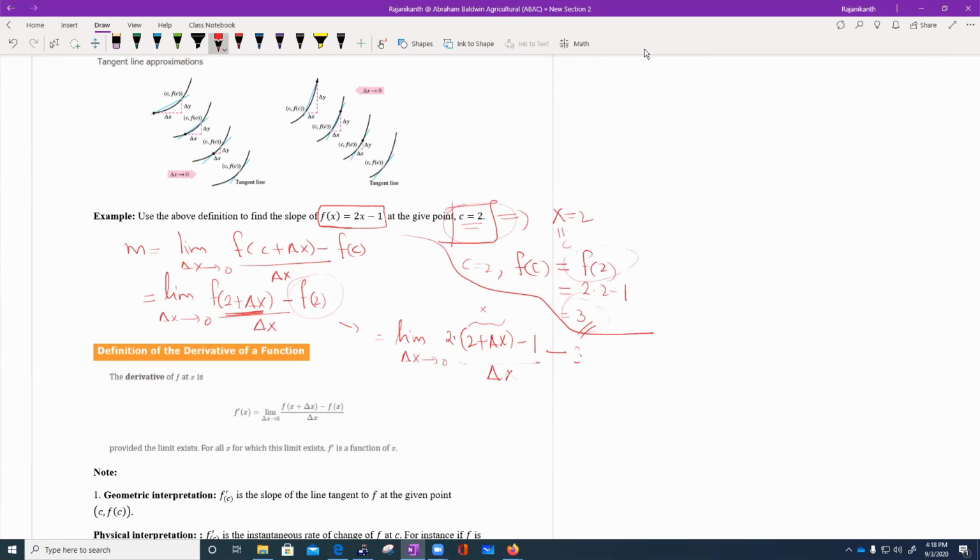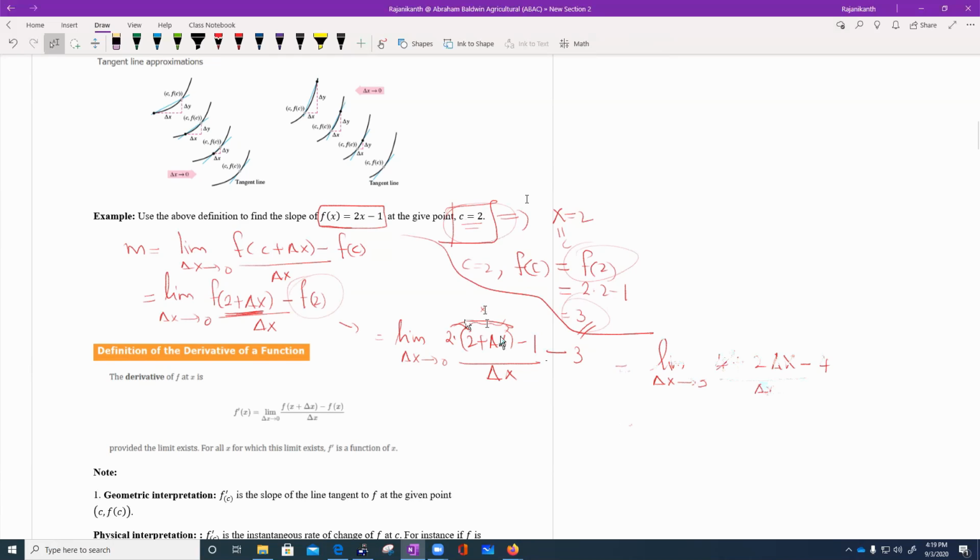Now you only need to simplify the numerator. The limit as delta x goes to 0: distribute inside, 2 times 2, which is 4, plus 2 times delta x, which is 2 delta x. Then subtract, outside of the parentheses, I have minus 1 and minus 3, which is minus 4, all over delta x.